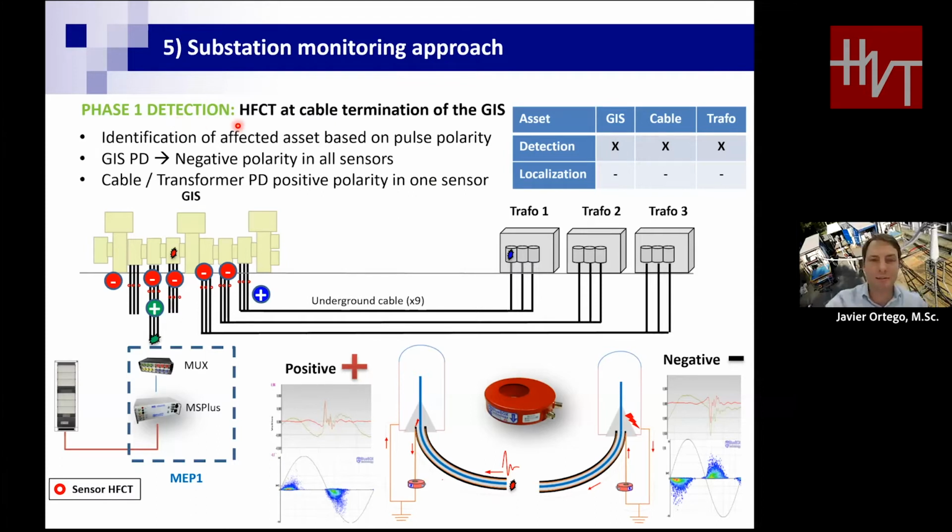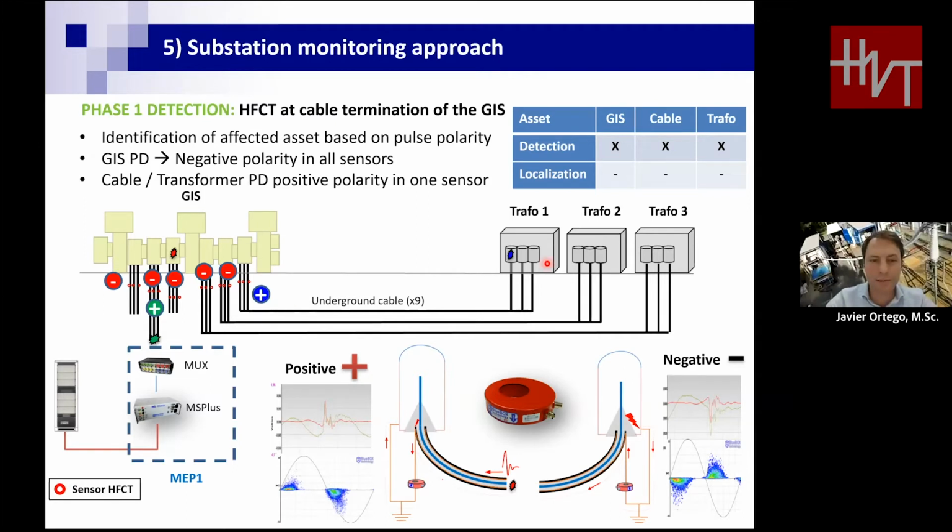This approach uses only high frequency current transformer sensors installed at the connections of the cables to the GIS. So we can apply this solution to do detection in any of the assets of the installation. We will detect PD in the GIS, in any of the cables, the lines and the cables connecting the transformers, and we will also detect the PD coming from the transformer. So this solution is very optimized.